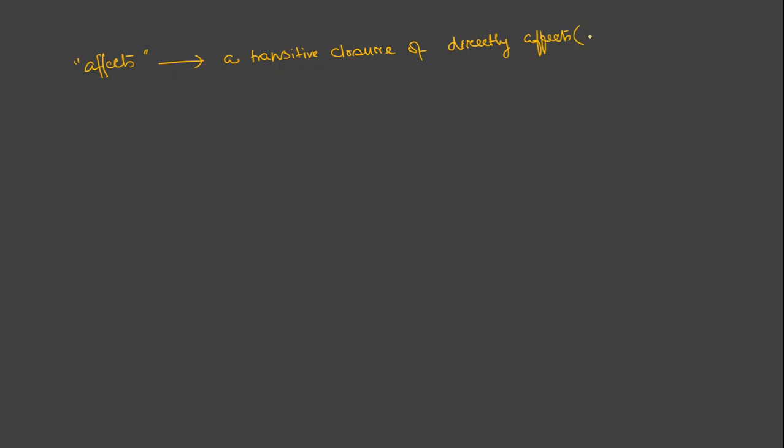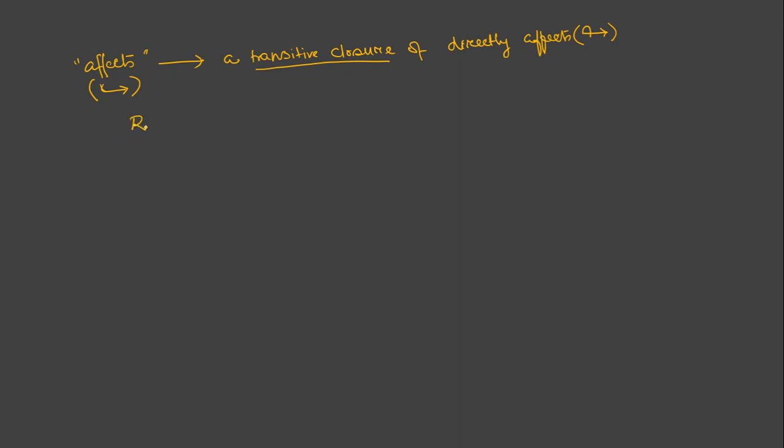As we have represented directly affects, affects will be represented with this symbol. These are all arrows because they are directed relations, right? So what do we mean by this transitive closure? Let us see.